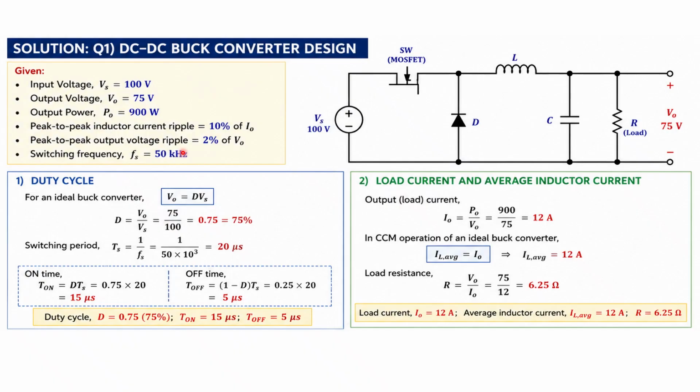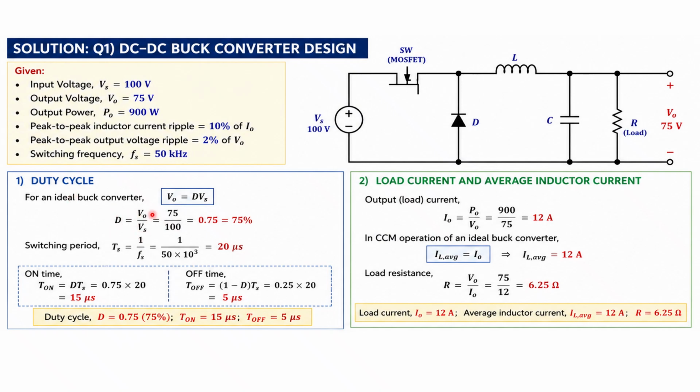Since this is a buck converter, the expression for the output voltage V0 is V0 equal to D into Vs. This we have already learned in our power electronics, and also discussed in previous lectures. So we have to find the duty cycle.